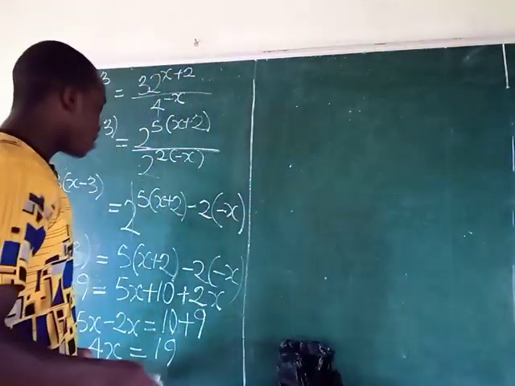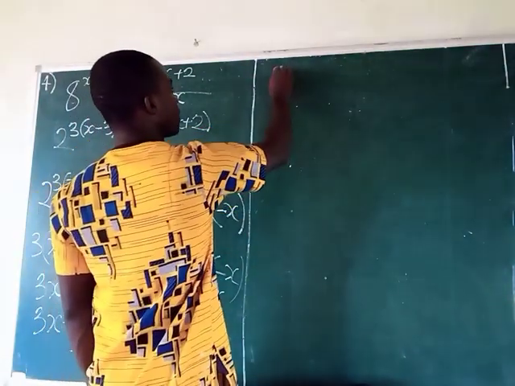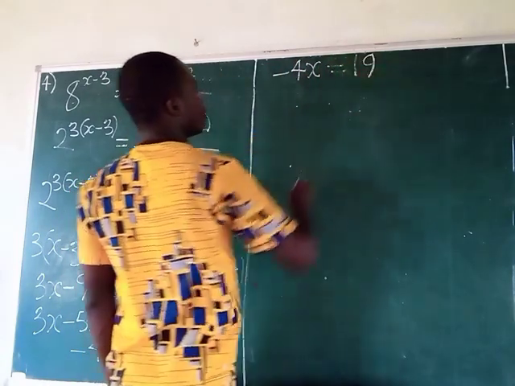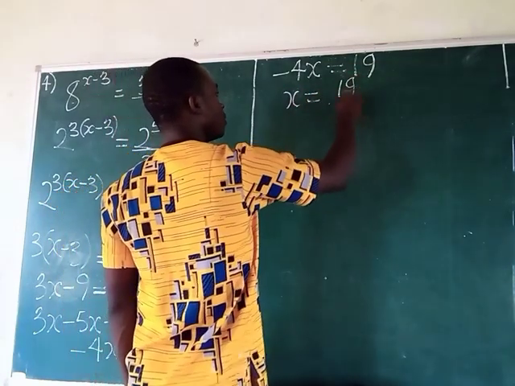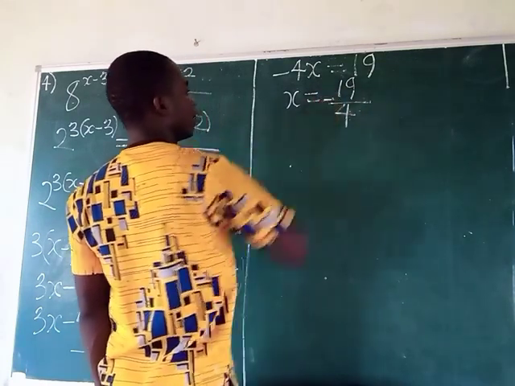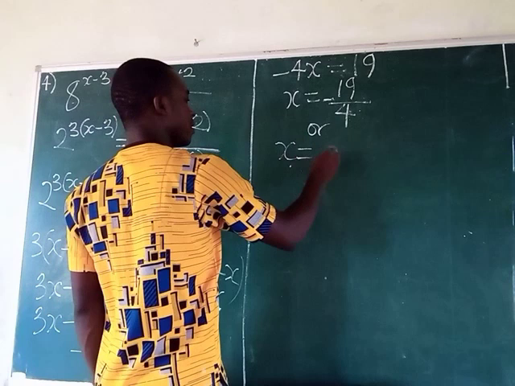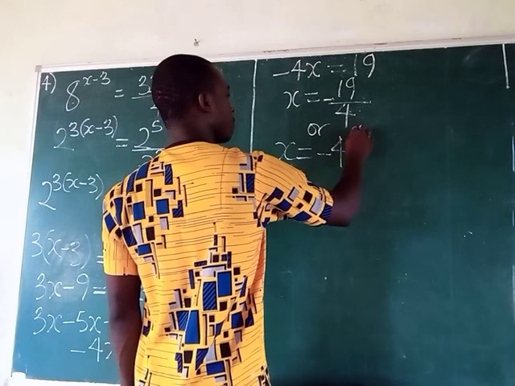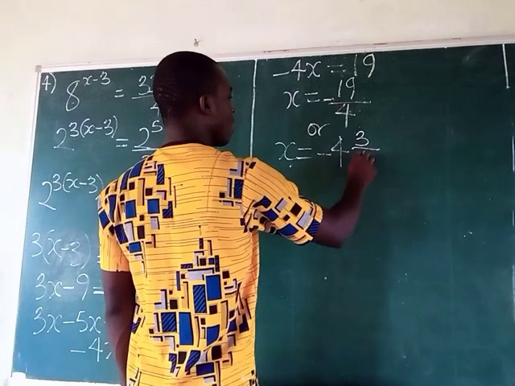So now, how do we arrive at our final value? The next thing is, minus 4x equal to 19. So we have our x to be equal to 19 over minus 4, or we can also express x as minus 4 and 3 over 4.